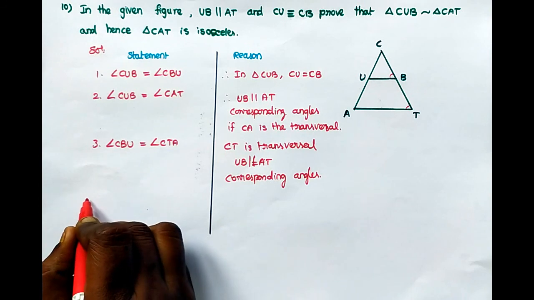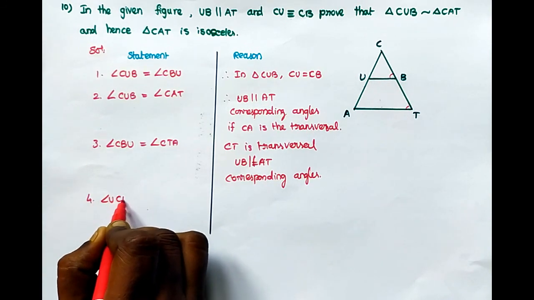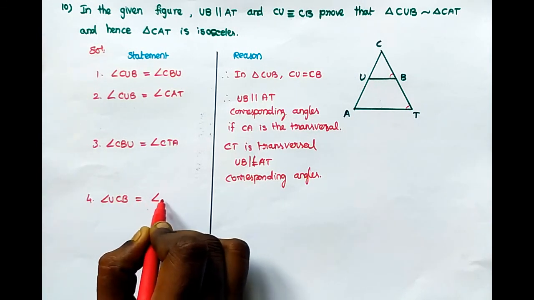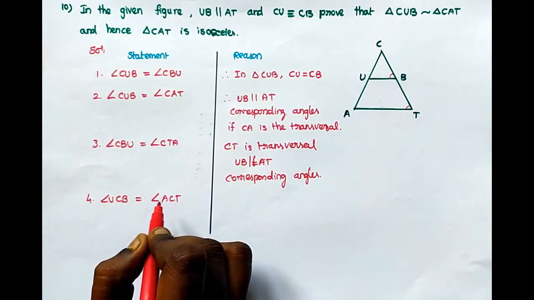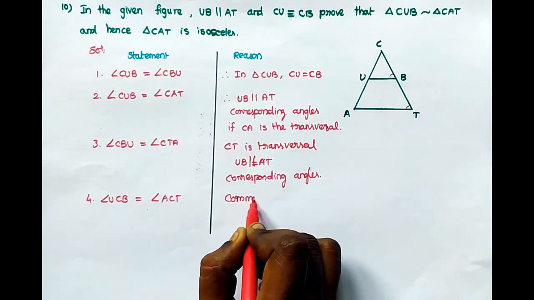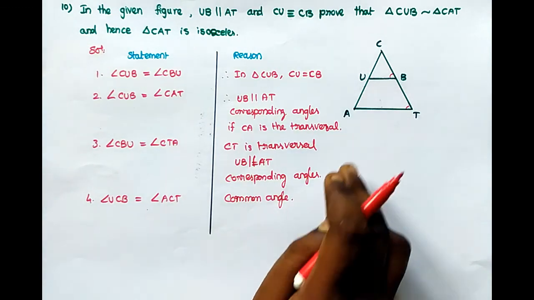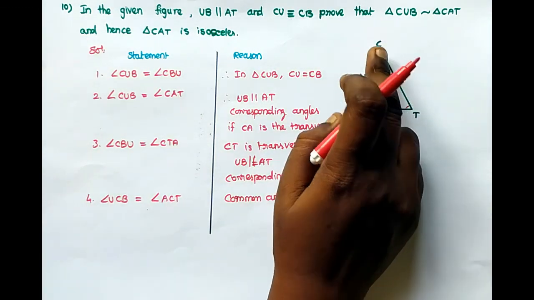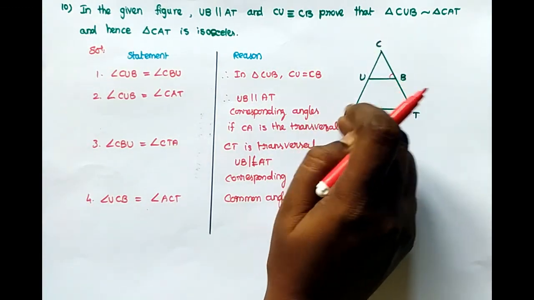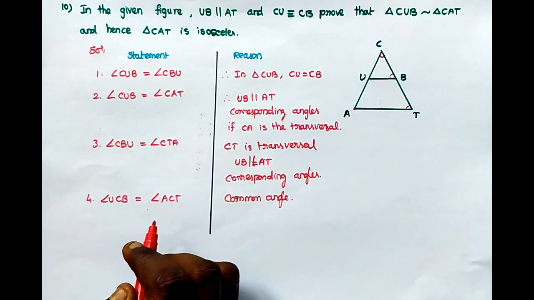Next, angle UCB equal to angle ACT, that is common angle. TC is common for these two triangles, right?